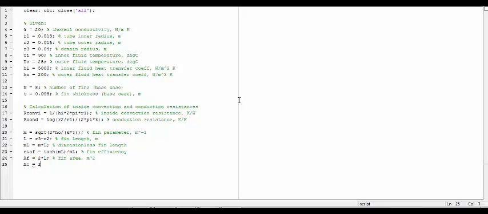And this is going to be 2 times pi times R2 minus N times T plus N times AF. Therefore, our overall array efficiency is 1 minus N times AF over AT, we'll put parentheses around all of these, times 1 minus eta F.